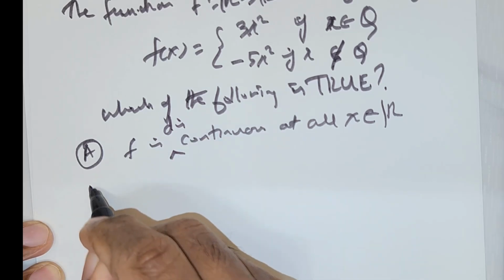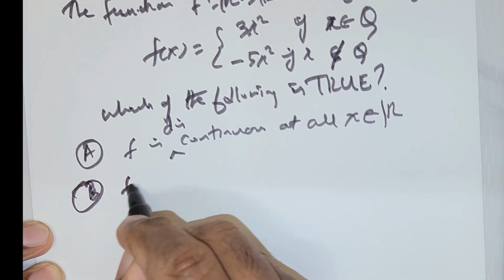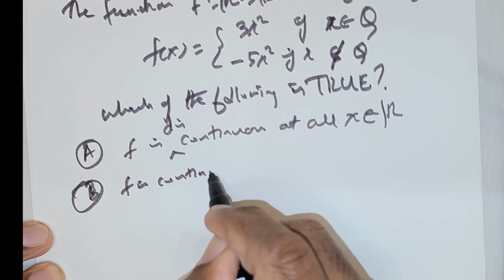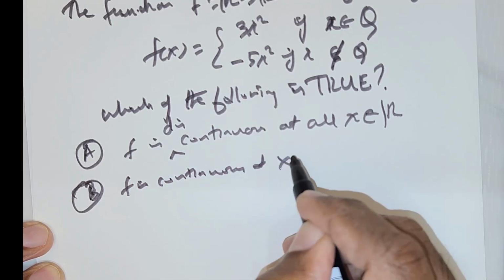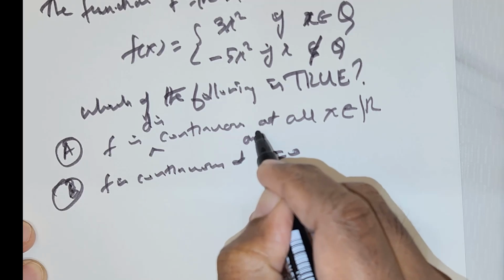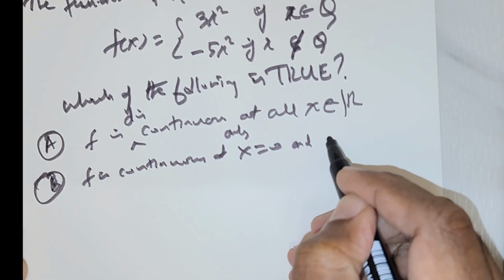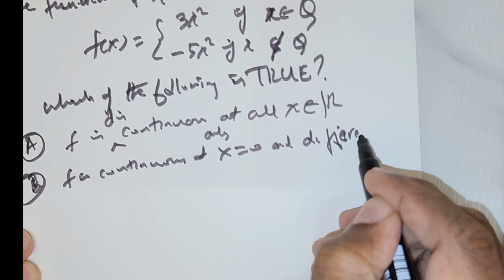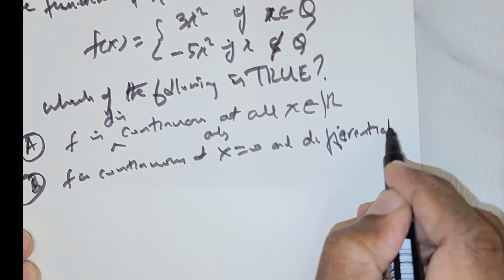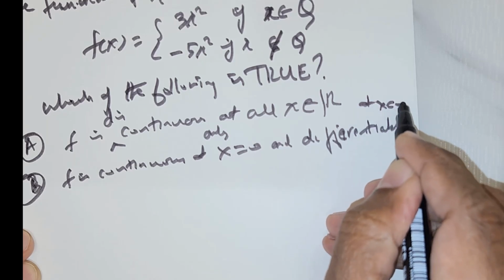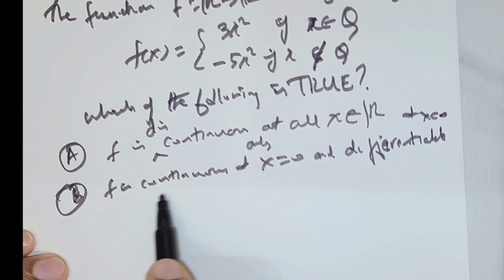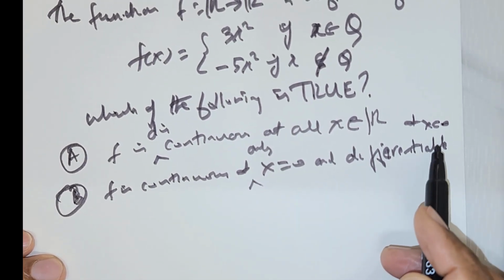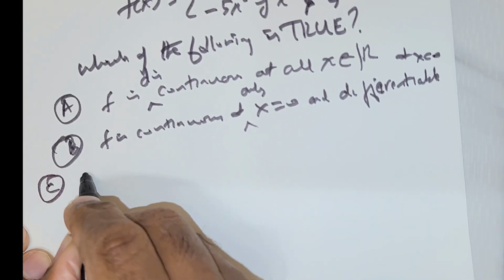C: f is continuous only at x equal to 0 and differentiable at x equal to 0.